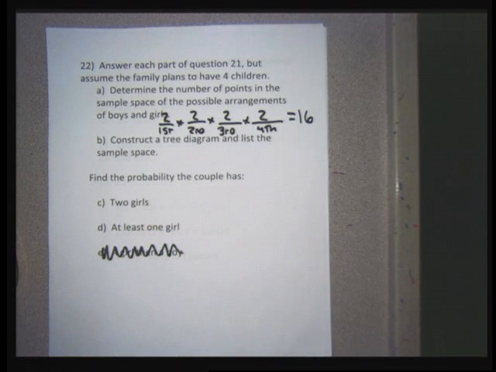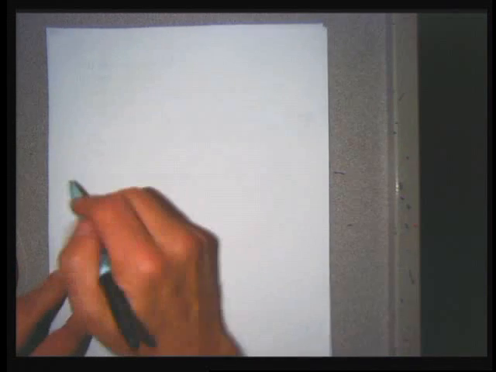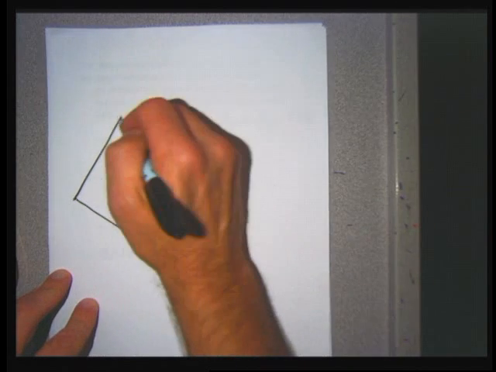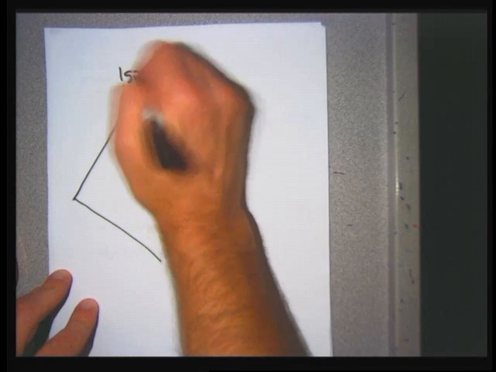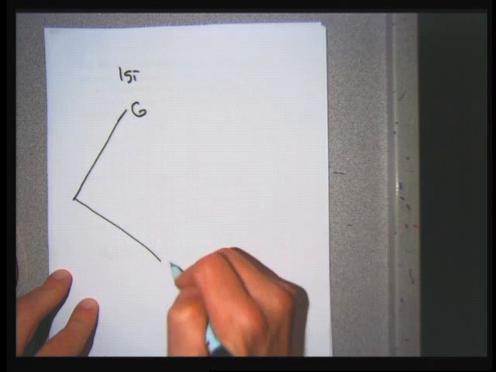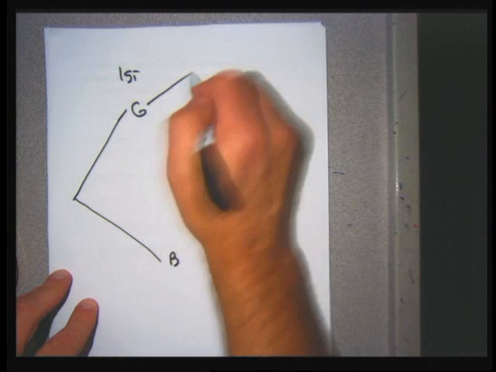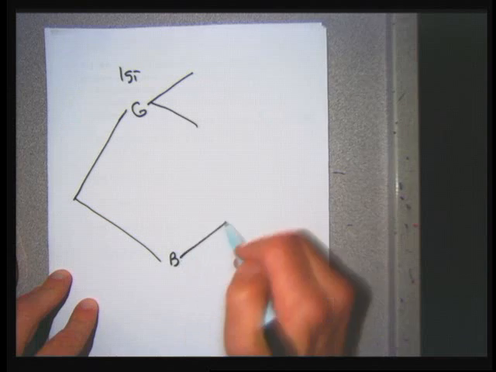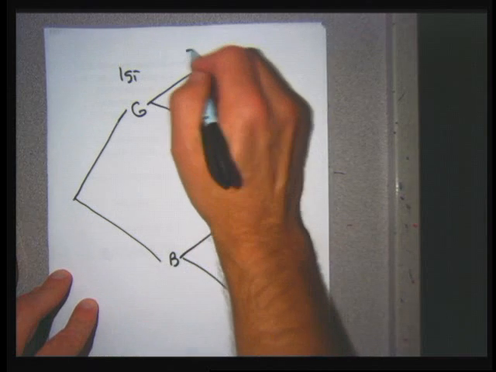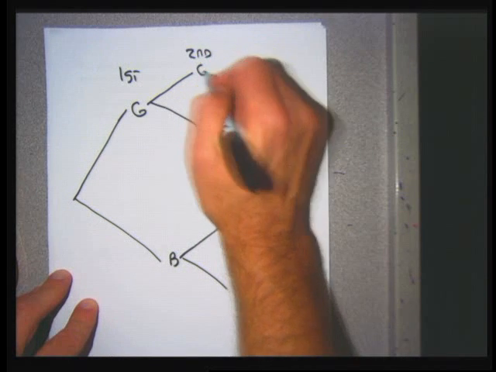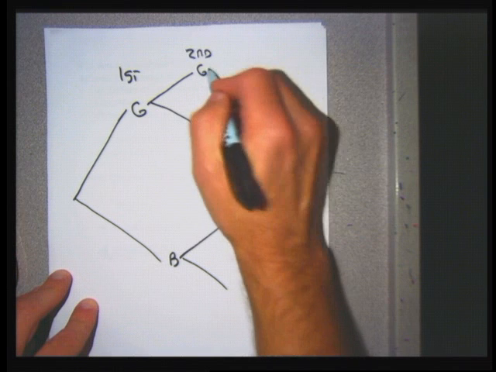So now I'm going to make my tree diagram. It's going to be big because it needs to have 16 things on it. So I'm going to start off giving myself a lot of room. So for a first kid, it could be a girl or a boy. And then for a second, it can be a girl or a boy.